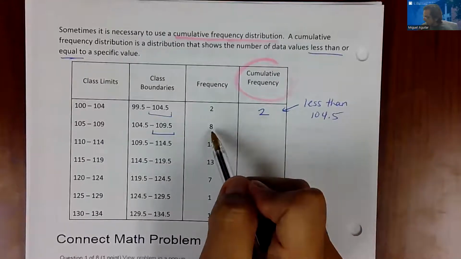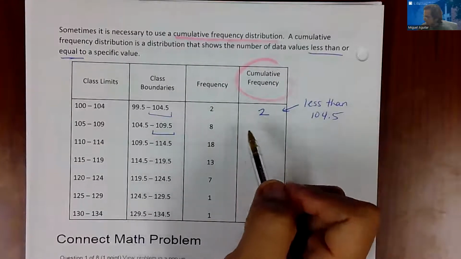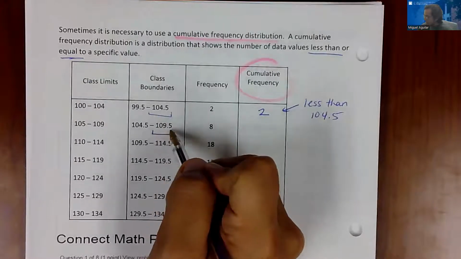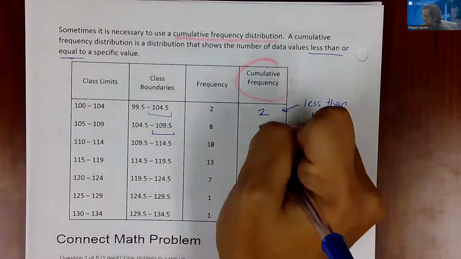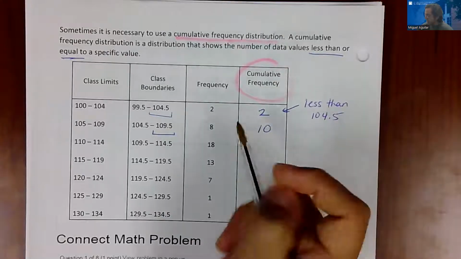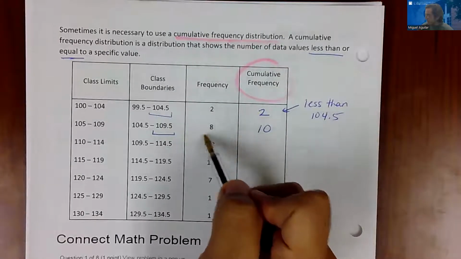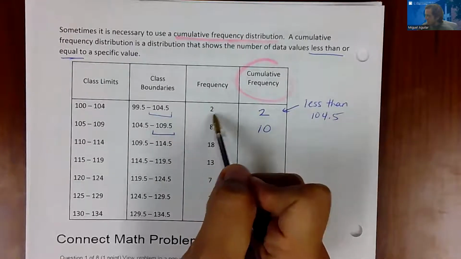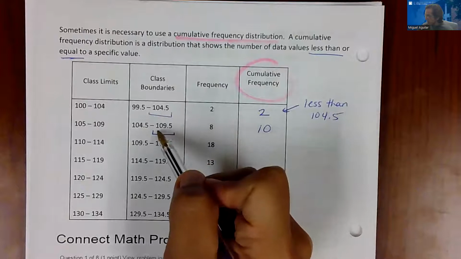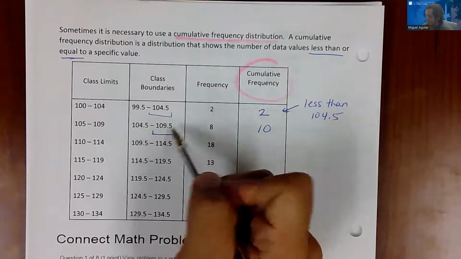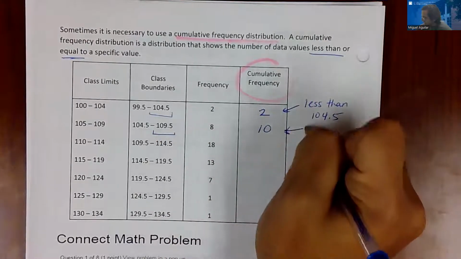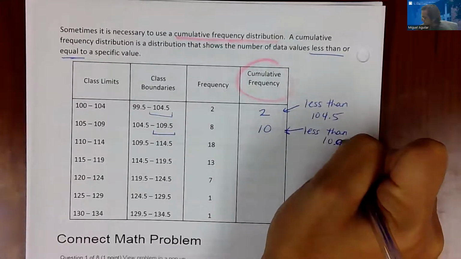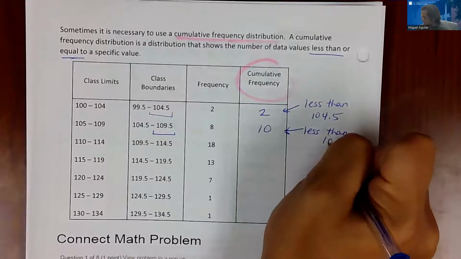So if we're considering our entire data set and asking how many data values are below 109.5, it's really 10 of them, because we need to add up all of these 8 values that are below 109.5, and then these 2 values are also below 109.5. So we have 10 values that are less than 109.5. Does that make sense?